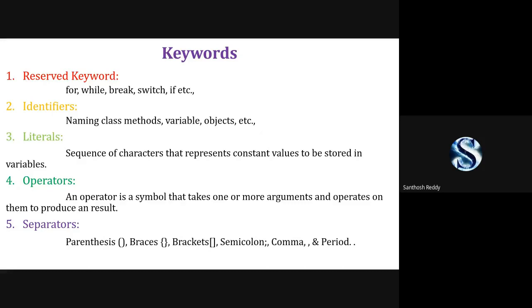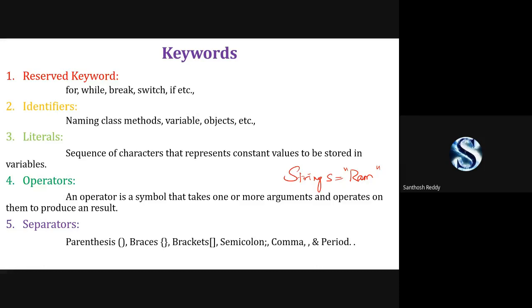Literals are where we store a value into a variable, a sequence of characters. For example, with a string data type s equal to RAM, the data present between double quotes is what we call a literal.